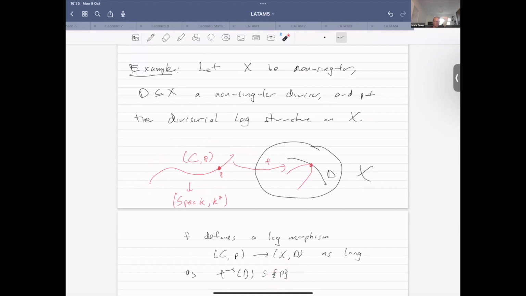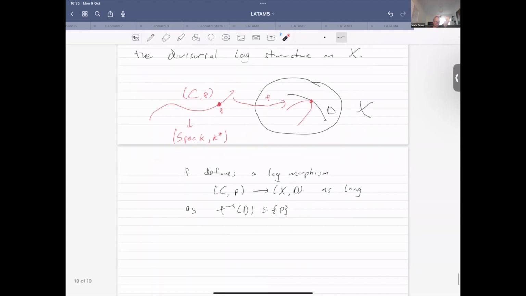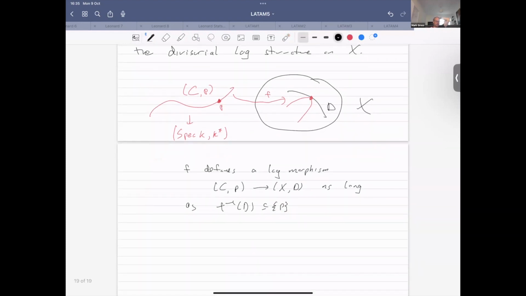So in other words, this will give you a log morphism as long as the only point of C mapping to D is the point P. Okay, so there's an instance of a stable log map, as long as this map itself is stable, which it should be. There's no contracted components.